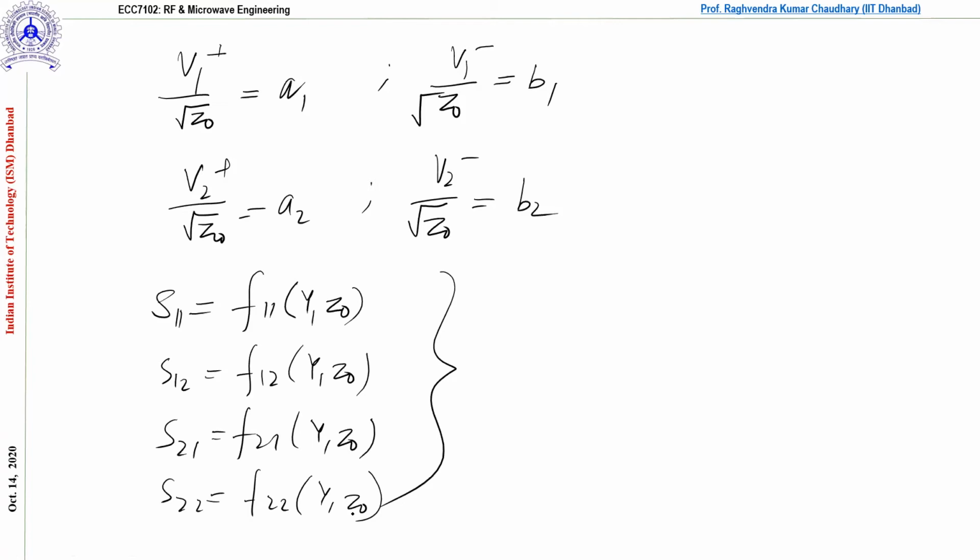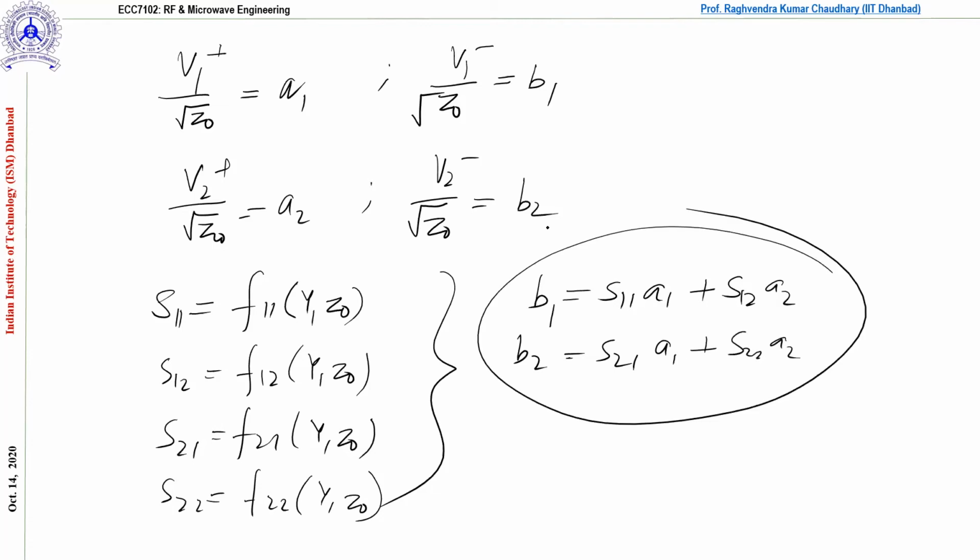Now the complete equation can be written in terms of these new parameters: b1 is equal to S11 a1 plus S12 a2, b2 is equal to S21 a1 plus S22 a2. Correct. So this is the S parameter.